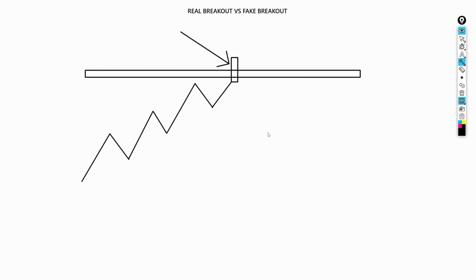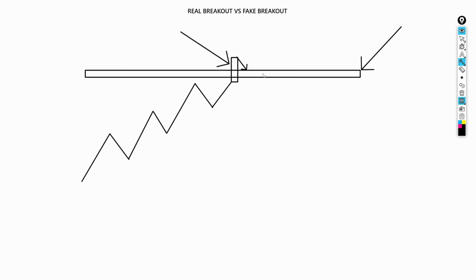So what you should do in this case, you always have to wait for some retracement and you will not place your trade just because the market is retracing and it is at the support level. Previously this was a resistance. As this is a breakout candle, most traders will treat this particular zone as a support.